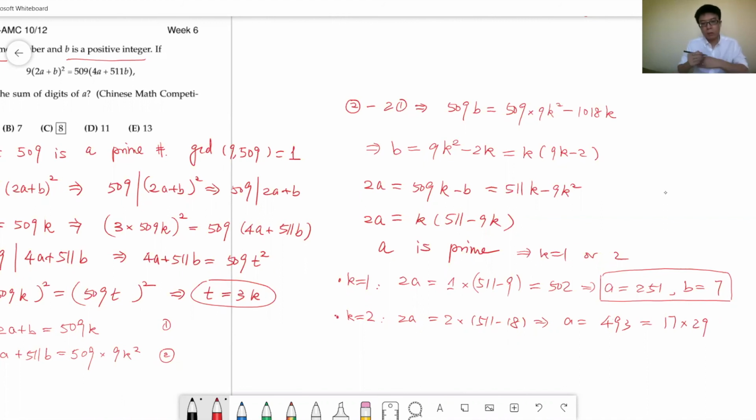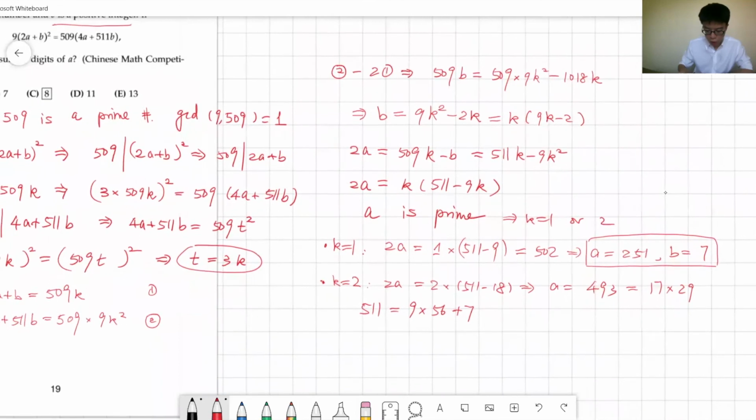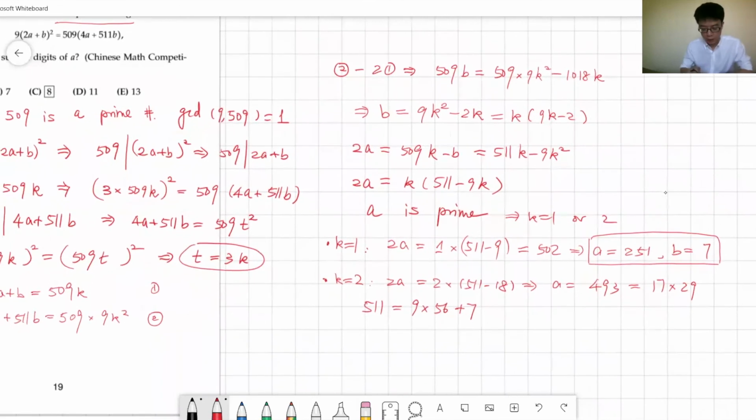And next, let me explain to you why k cannot be larger or equal to 3. First, we know that 511, the remainder when divided by 9 is 7. So next, let me show you that if k is larger or equal to 3, a cannot be a prime number.